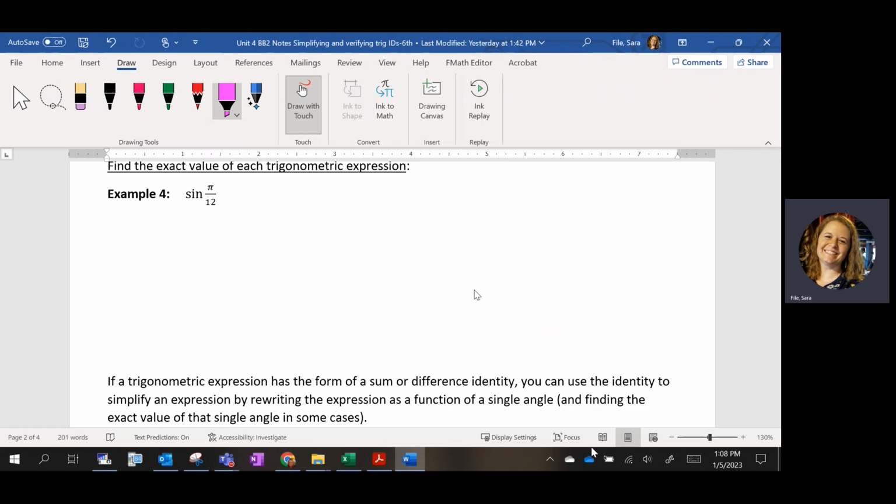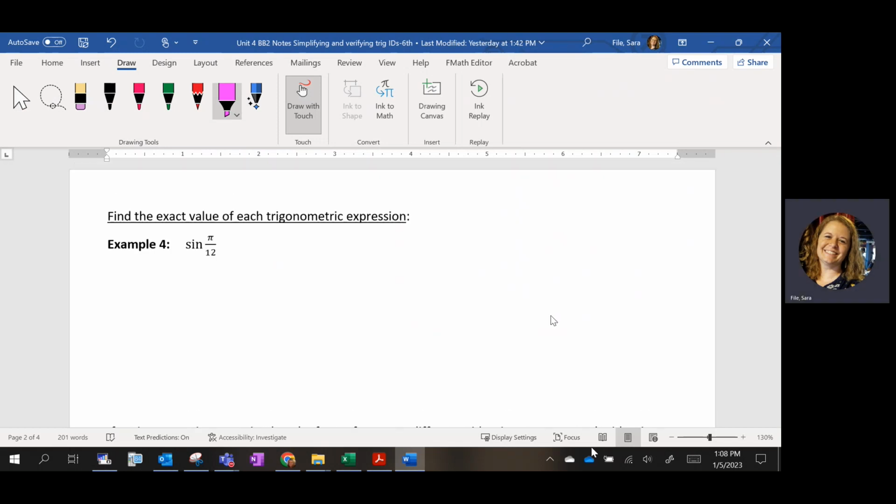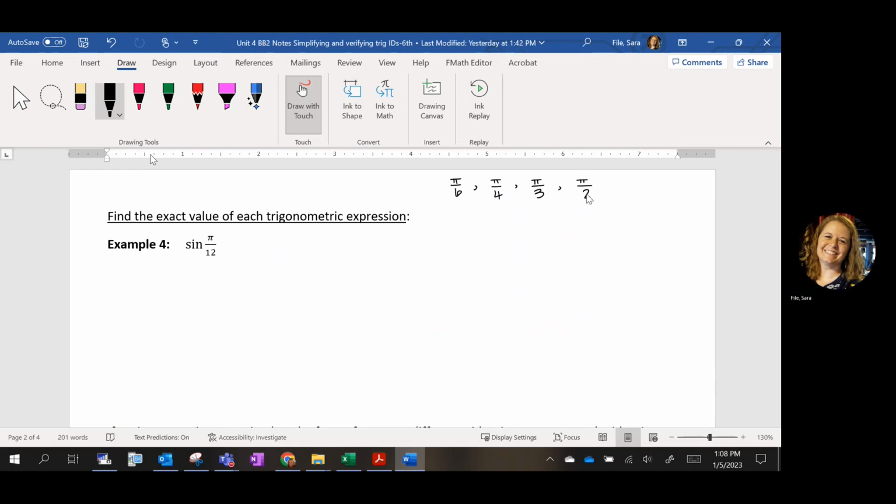So what I'm going to do first is write out the angles that we know. Okay, so we know I said pi sixths, pi fourths, pi thirds, and pi halves. Those were the four with denominators that we learned, right?